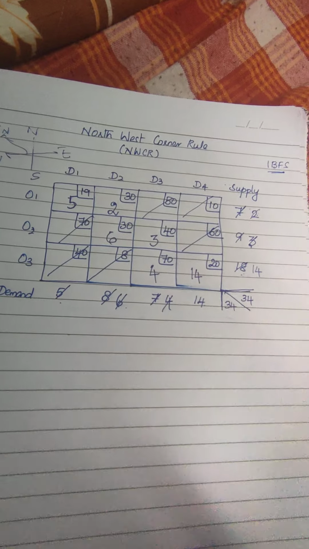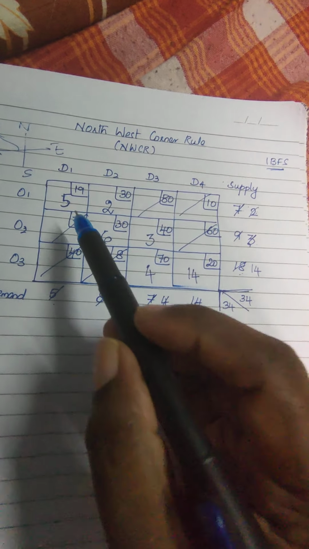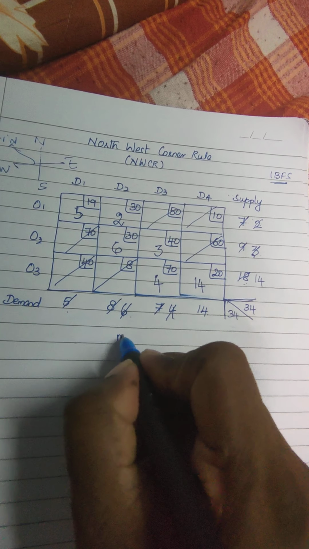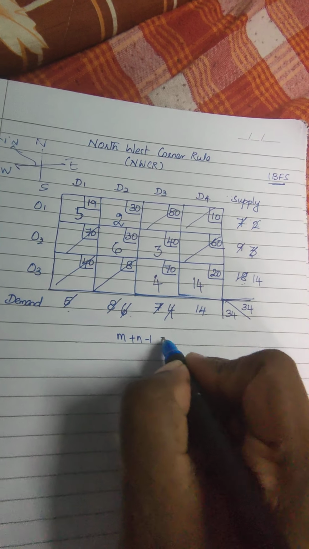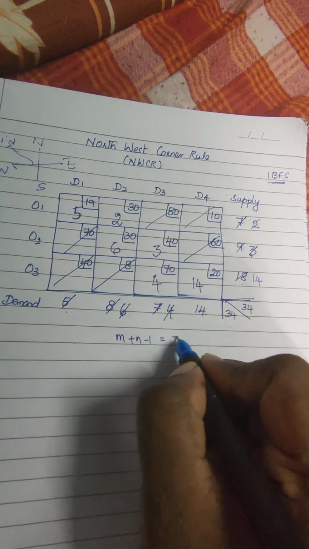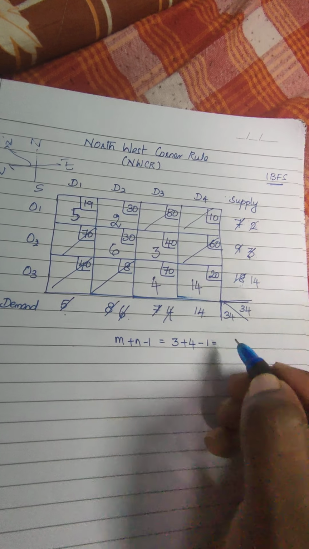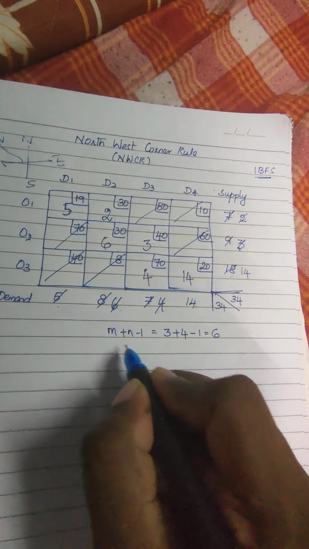First there are 2 things that I always check. It is the number of allocations. You have 3 rows, so m plus n minus 1 is 3 rows plus 4 columns minus 1, 7 minus 1 is 6.